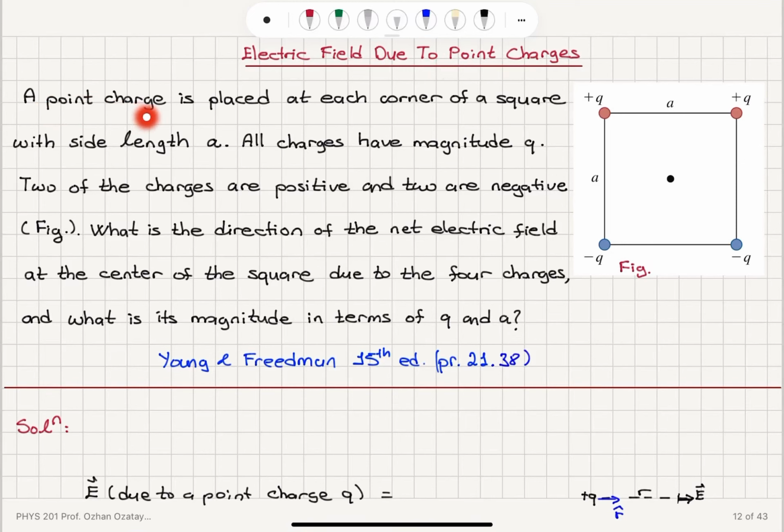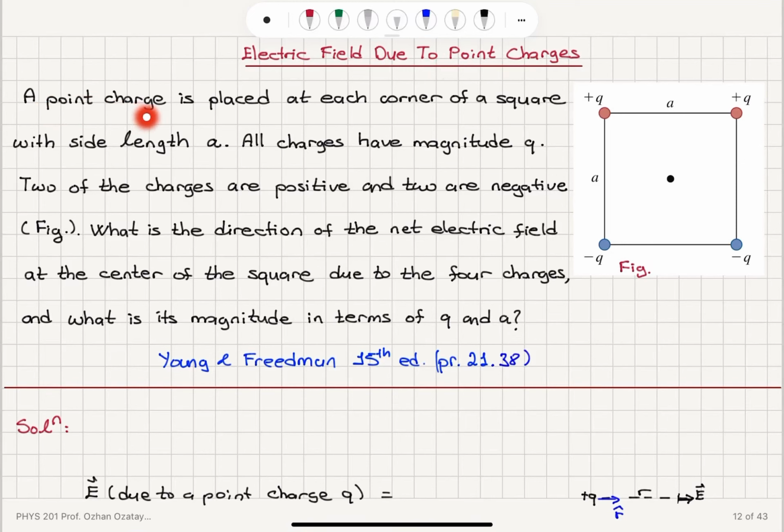So for the first charge we have E plus 1. The magnitude is the same as the magnitude of the electric field for E plus 2. It's the same as the magnitude of the electric field for E minus 3, and the other one is E minus 4, that's the fourth charge.